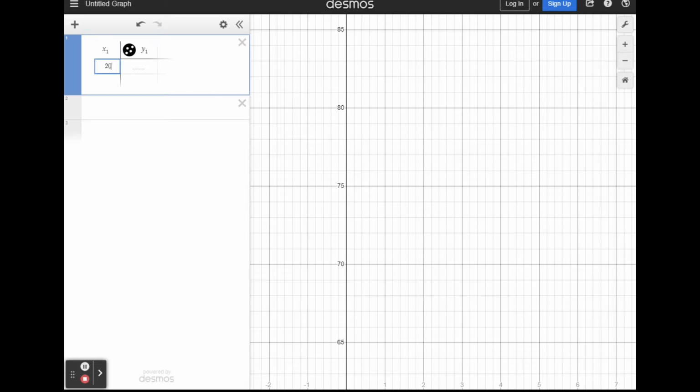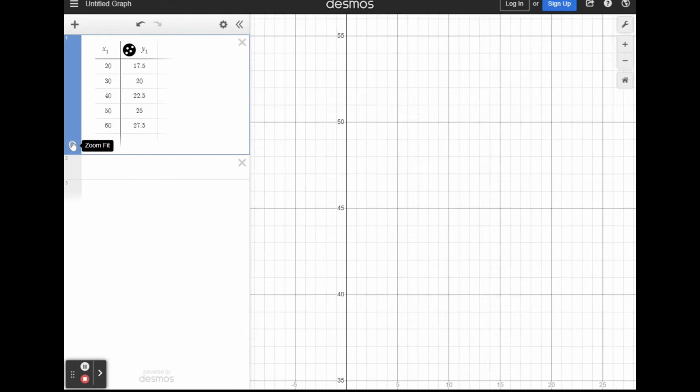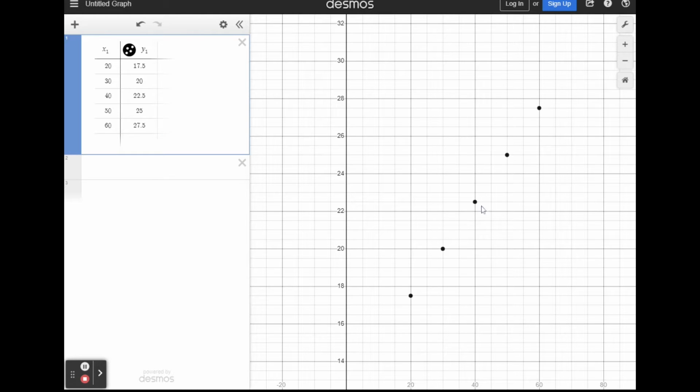We started out at 20, 30, 40, 50, and 60, and I believe the values were 17.5, then 20, then 22.5, then 25, and then 27.5. I don't see my points, so let's zoom fit so now I can see my points.